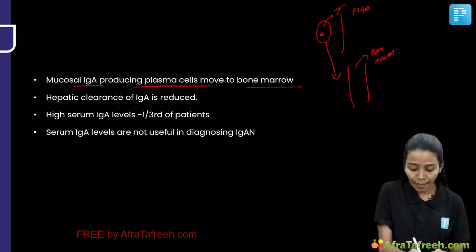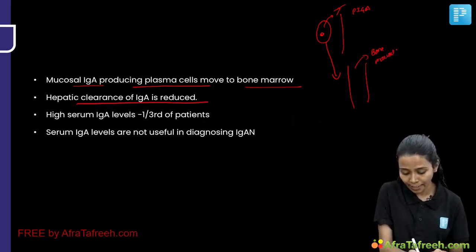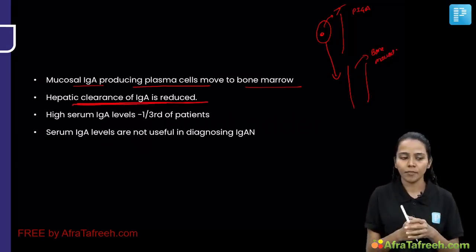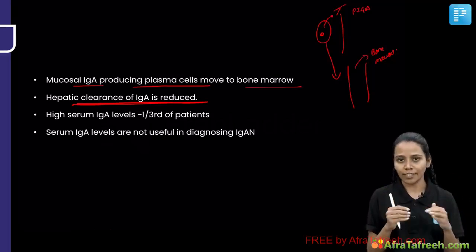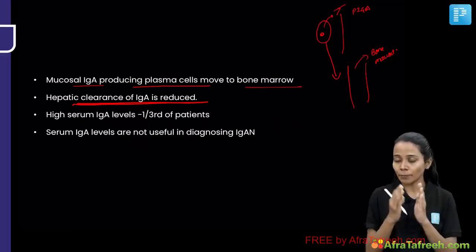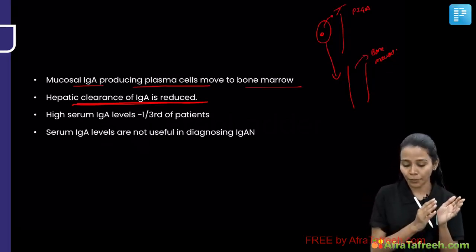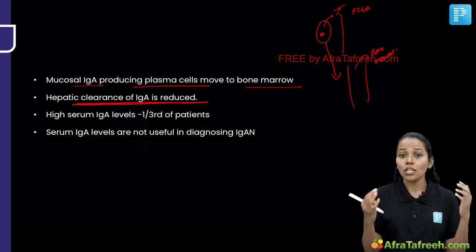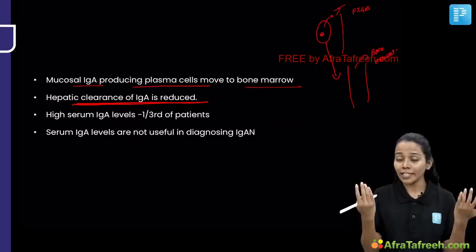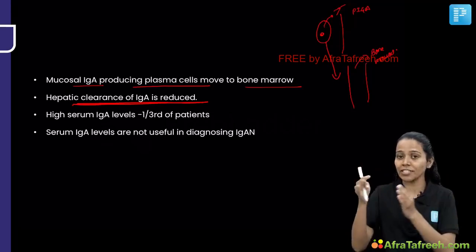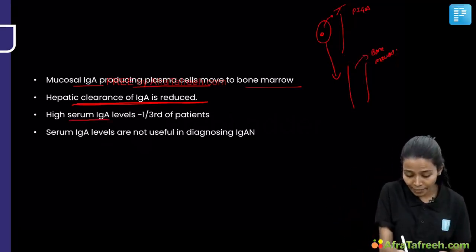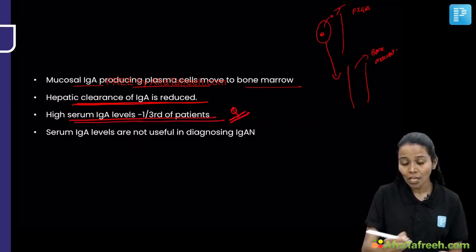Another thing is the hepatic clearance of this IgA is reduced. So one is this production is faulty. That is polymeric IgA, which is supposed to be produced in the mucosa, is getting produced in the bone marrow. Other one is its clearance is also reduced. So these both are going to lead to increased serum levels of IgA, which gets deposited in the kidney. However, high serum IgA levels is demonstrated only in 1/3 of the patients. So this is important. Okay.